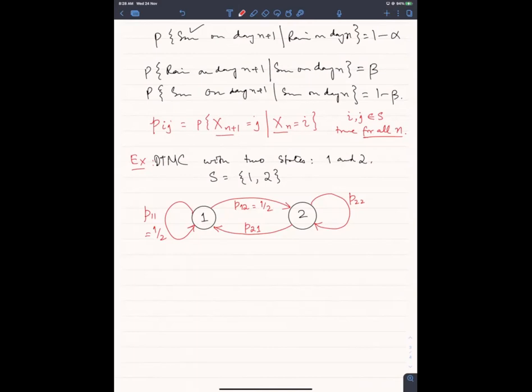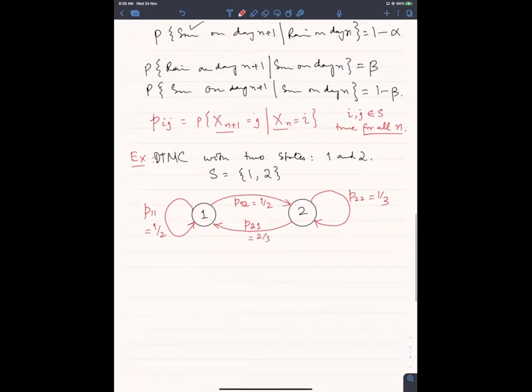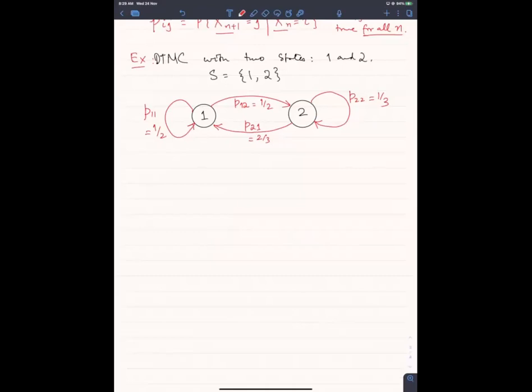Similarly, I can pick this example that this guy is 1/3. So P21, how much should it be? Answer in the chat window. It should be 2/3. Thank you, Rafa. Should be equal to 2/3. So I can draw the probability transition matrix.